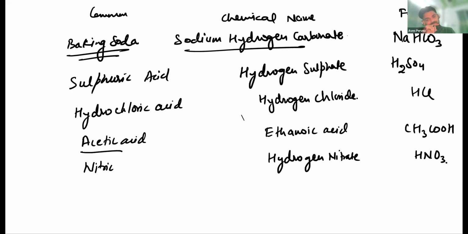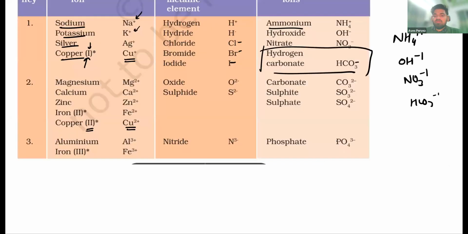Done? Yes, sir. Here you need to keep in mind that like we have sulfate ion SO4, hydrogen carbonate ion, and chloride ion, here you have to write acetate ion.